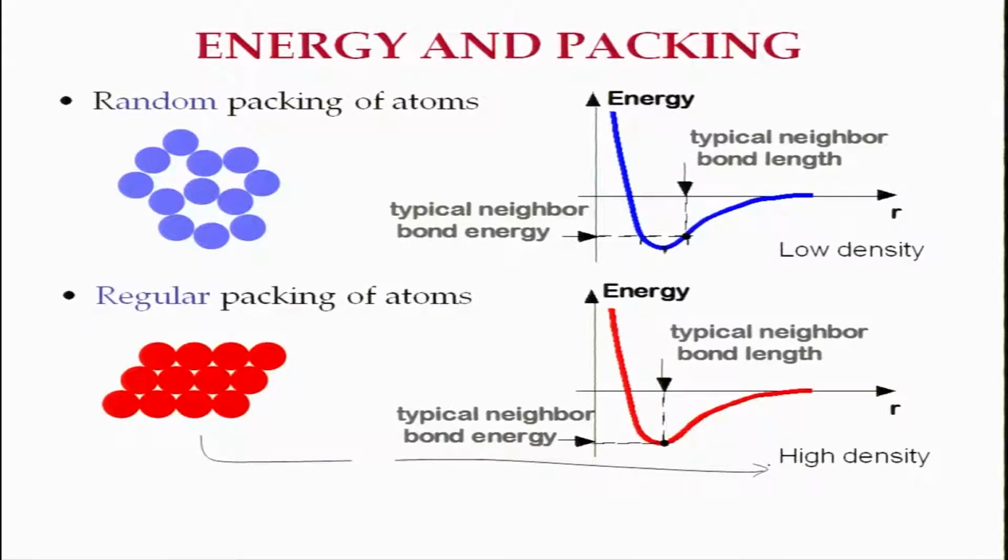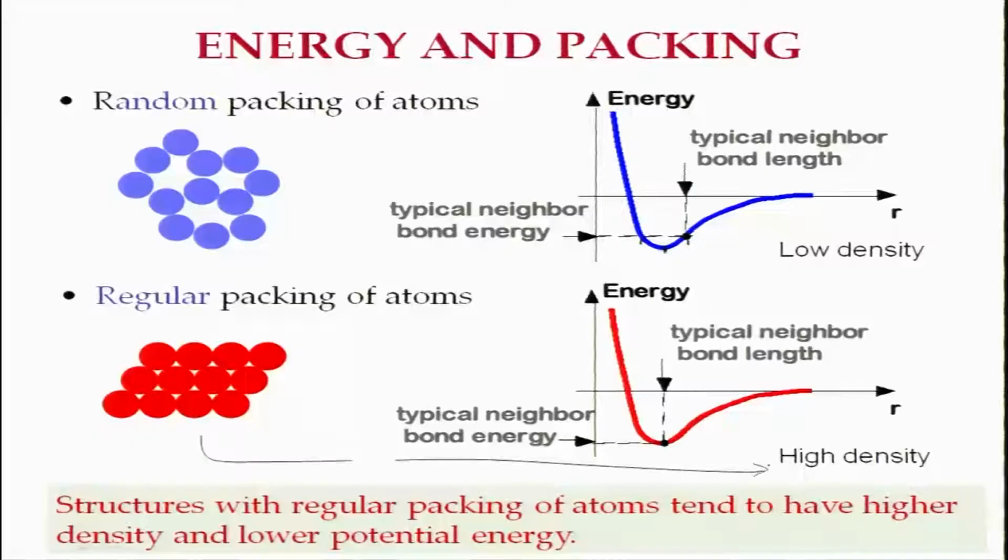That is why metals typically tend to have higher density, because atoms are regularly packed in them. On the other hand, glasses, or amorphous solids, in which atoms are not regularly packed but present in this kind of fashion, tend to have lower density. So, we can summarize that structures with regular packing of atoms tend to have higher density and lower potential energy, or higher bond energy.